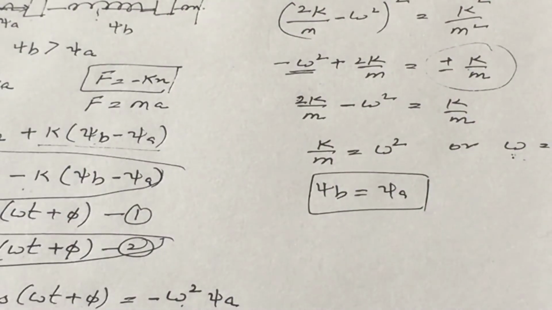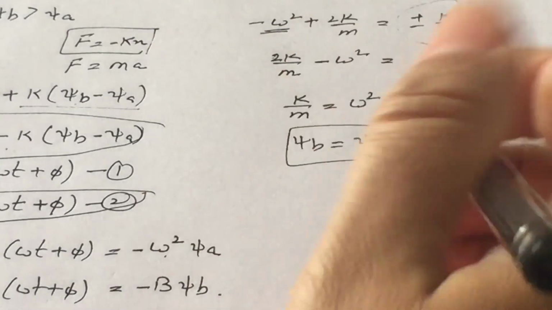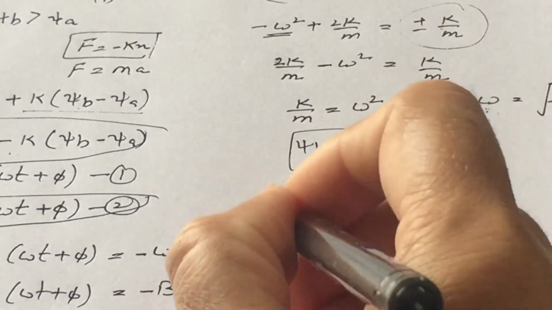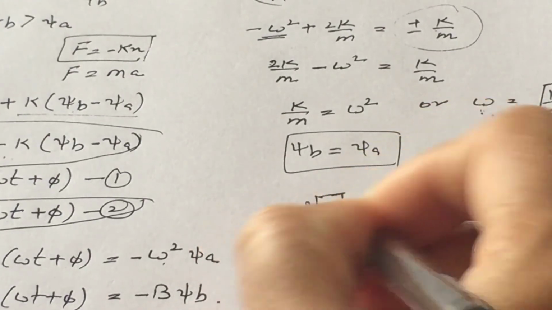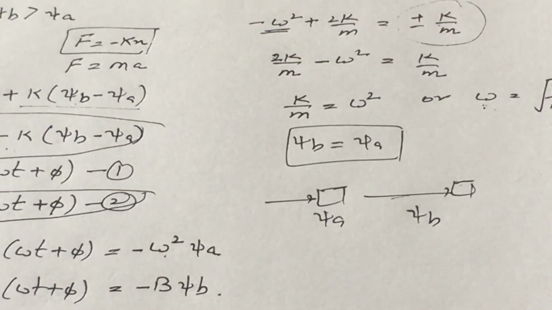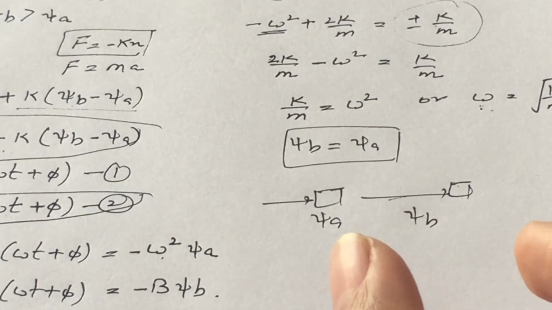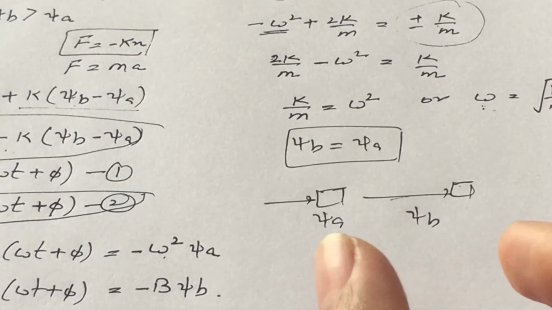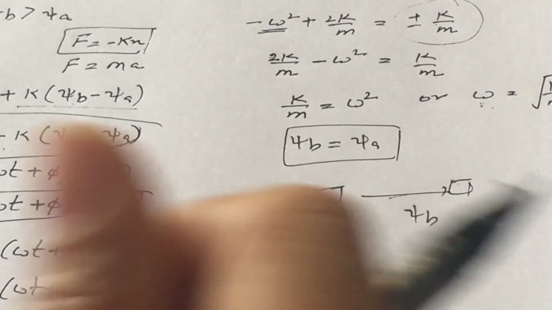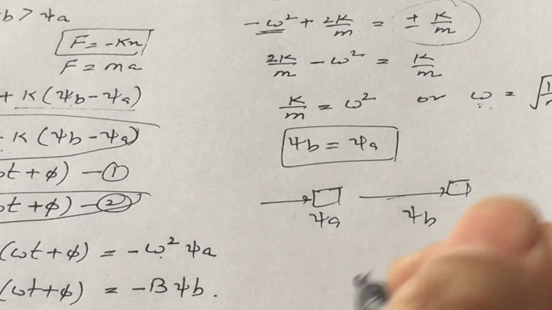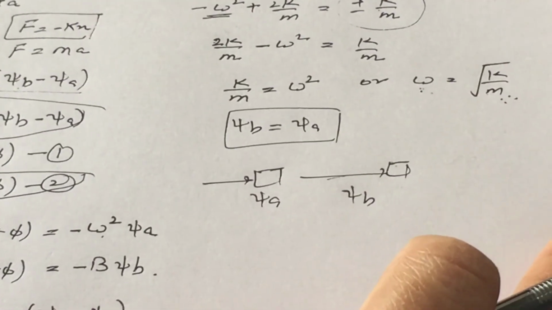It means they are moving in parallel directions. Both masses are moving in the same direction with the same displacement. They are moving in the left direction at the same time, and both will move in the opposite direction with the same displacement. And this is the case when omega square is equal to k by m.